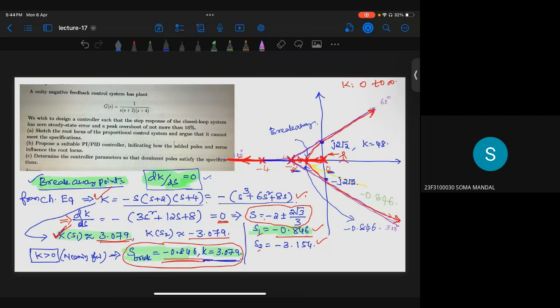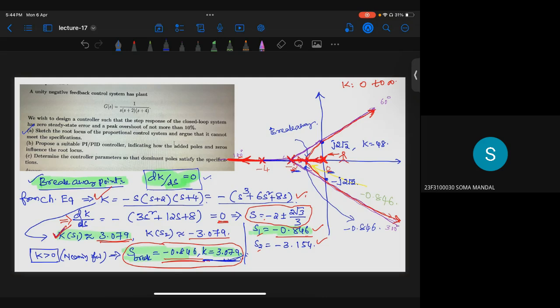And at that point, what is the k value? 3.079. Yes, exactly. That is how you can find it. Clear? Any doubts in this? This is our root locus. First question done.